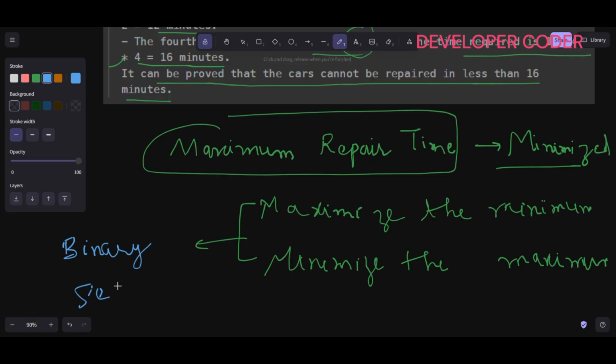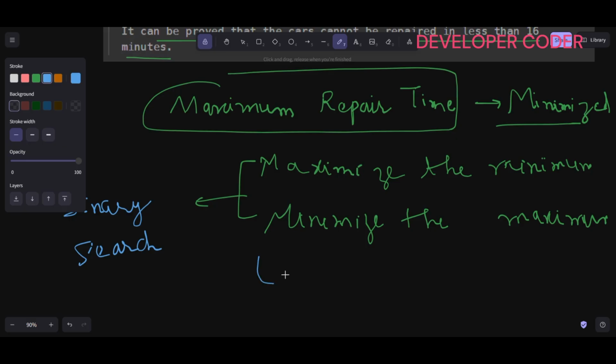Sometimes, whenever there is an optimal approach, we think about DP as well.